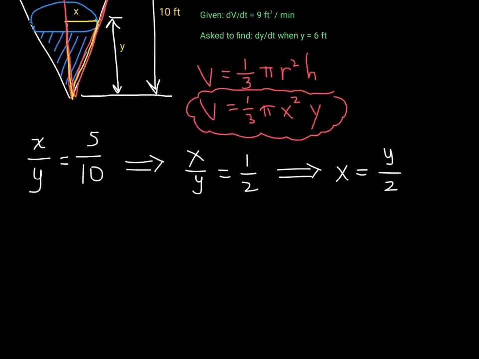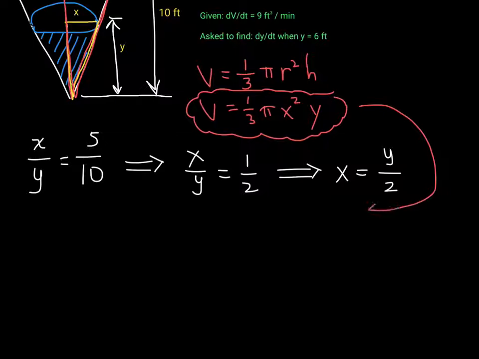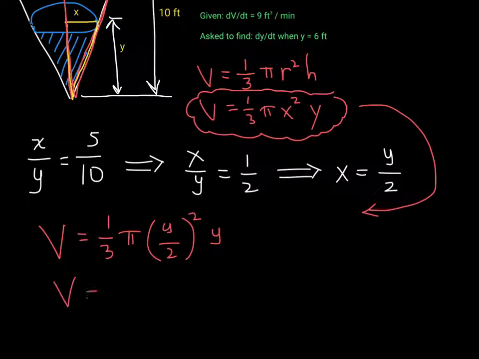So this formula here turns out to be the volume is equal to 1/3 pi, and x is y over 2, and that is being squared, times y. Okay, so then this can be rewritten. The volume is equal to, let's see, 2 squared is 4, and 4 times 3 is 12.